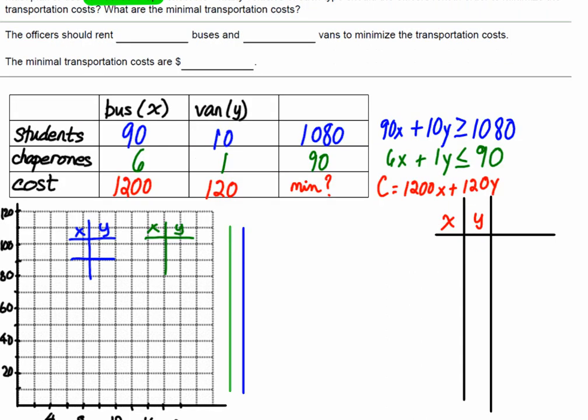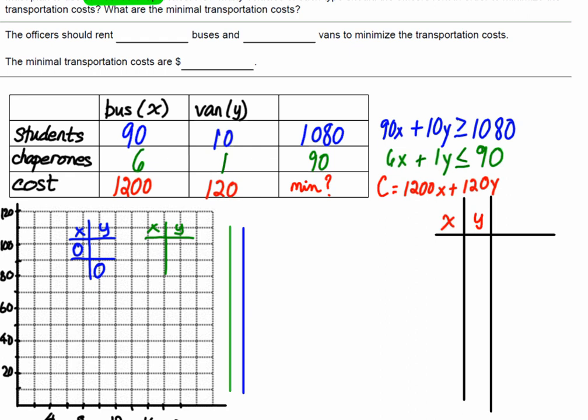Find our x and y intercept for students, and then we'll do that same thing for chaperones. If we let x equal to 0, that means we're finding our y-intercept. And remember, if we let y equal to 0, we're finding our x-intercept.